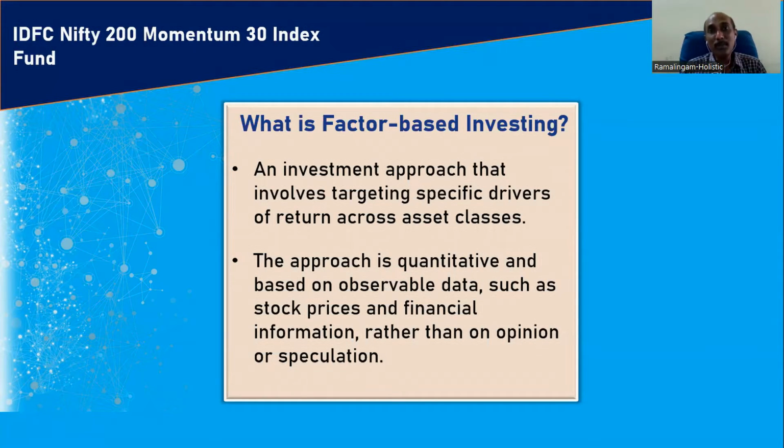So based on specific drivers which are observable data, it can be stock prices or some financial information. It will not be opinion or speculation. So based on observable data, a momentum score is calculated, or some other score like value, enhanced value, alpha can be calculated. Based on that particular factor, stocks for the index are selected. This is what is known as factor-based investing.